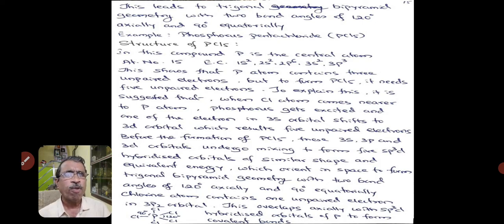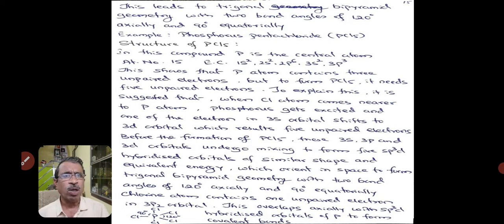But to form phosphorus pentachloride, it needs 5 unpaired electrons. To explain this, it is suggested that when chlorine atom comes nearer to the phosphorus atom, phosphorus gets excited and one of the electron in 3s orbital shifts to 3d orbital, which results 5 unpaired electrons.